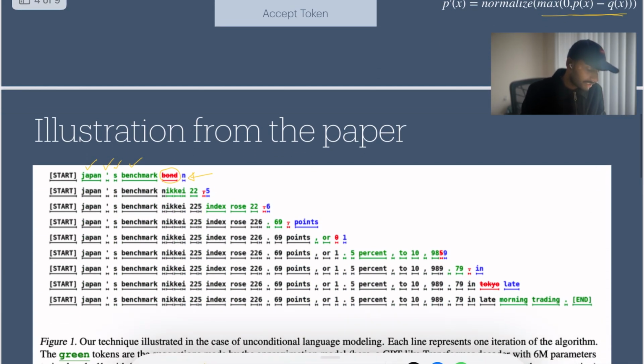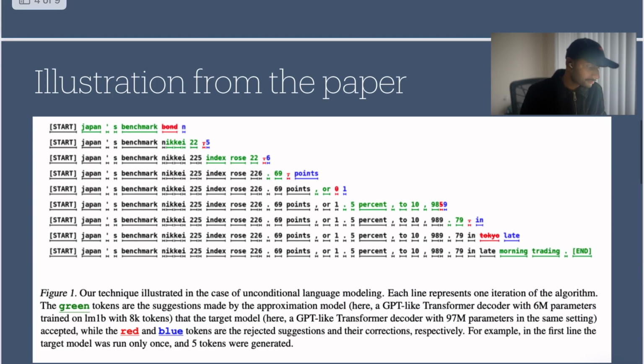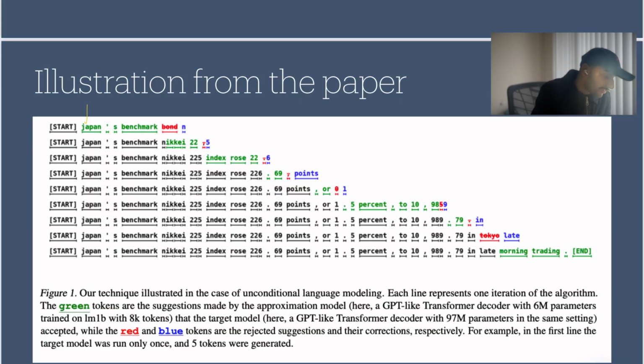Okay, so let's take a look at how this process looks in real time from this illustration taken from the paper. In the first time step, after giving the start of sequence, the approximation LLM predicted the word Japan, and the target LLM accepted it, so it's colored green.